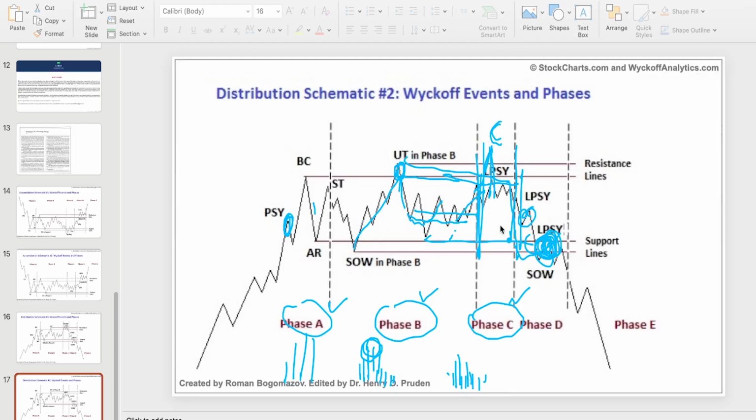So in the case of last point of supply, it would come to the area of previous support, I mean resistance, and that is going to act as support. And if you reject that and it causes a change of behavior to the downside, you're going to want to enter that as your entry for the distribution.